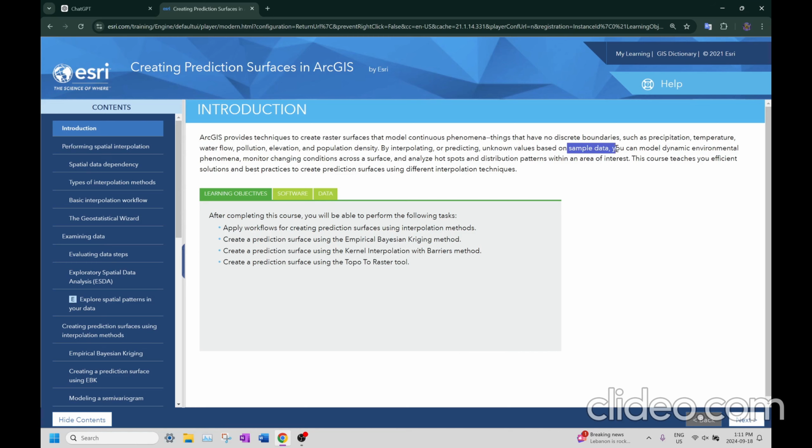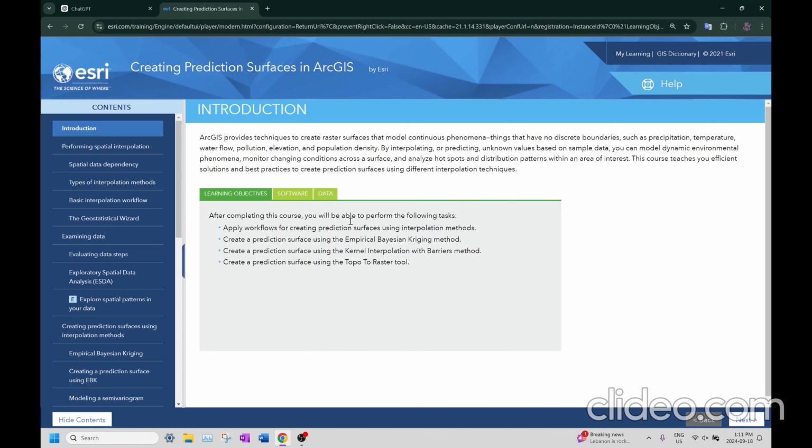Based on sample data, you can model dynamic environmental phenomena, analyze hotspots, and we will have three methods using EBK, kernel interpolation with barrier method, using topo to raster.